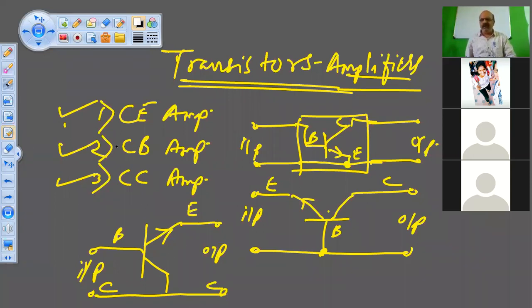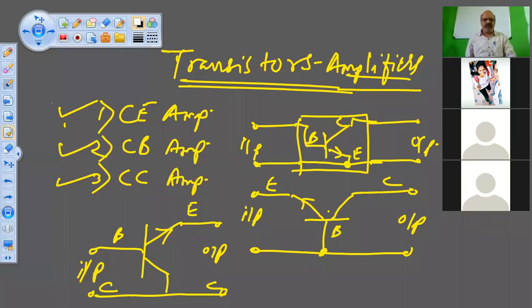Each of these amplifiers we are going to study. We will start with the common emitter amplifier, then common base amplifier, and then common collector amplifier, one by one.